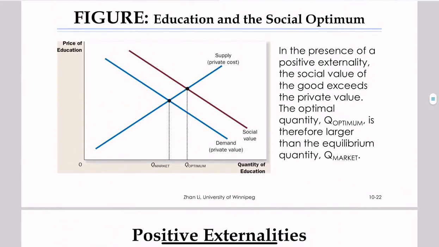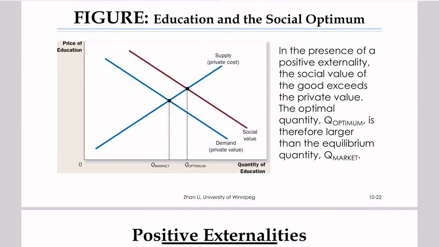It's much nicer. So if there is positive externality, just like the case when there are negative externalities, we will have two different curves. In the negative externality case, we have the social cost curve and the private cost curve.